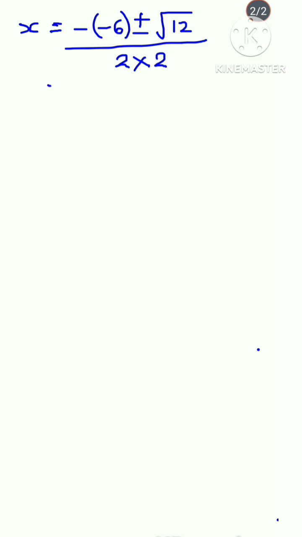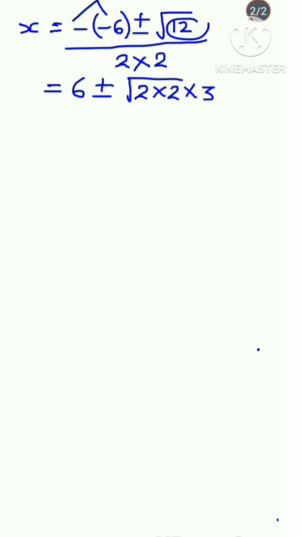Okay, here minus into minus plus, so plus 6 plus minus root over, and this 12 can be written as its factors like this: 2 into 2 is 4, and 4 into 3 is 12, by 2 into 2.